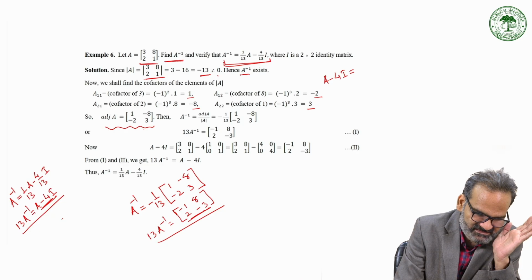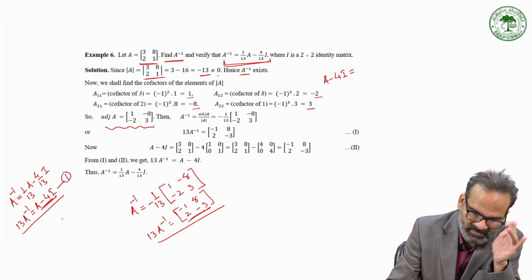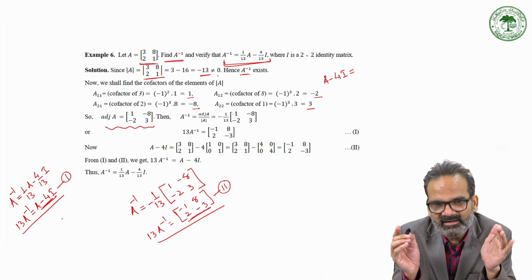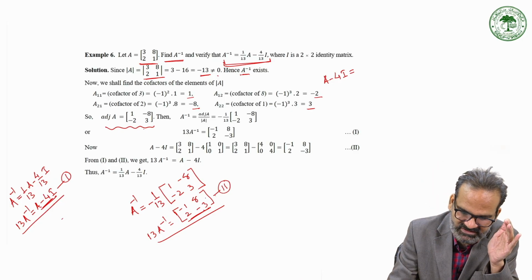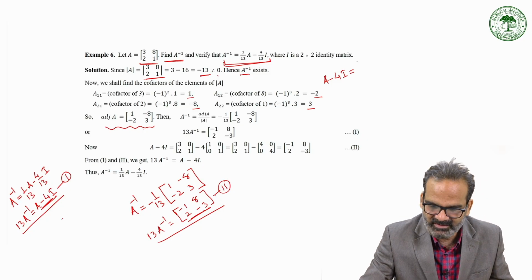13 A inverse is equal to A minus 4I. This is equation 1 and this is equation 2, for example. Here 13 A inverse is equal to this matrix. So if we show that the value of A minus 4I is equal to this matrix, then our result will be proved. See, what is the value of A minus 4I?